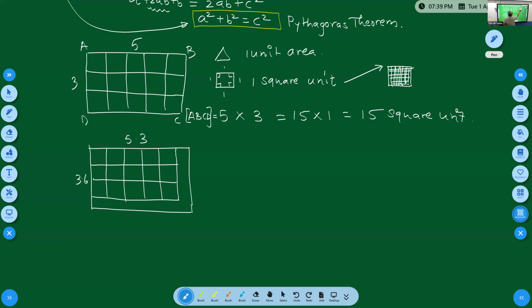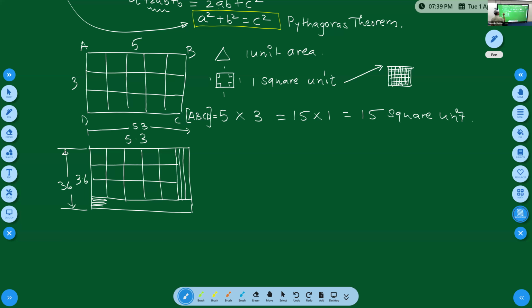So we will take 3 tiny squares and put them here. Up to this point we are done. And then we will put 6 tiny squares here. So in total there are 53 tiny squares from here to here, and there are 36 tiny squares from here to here.